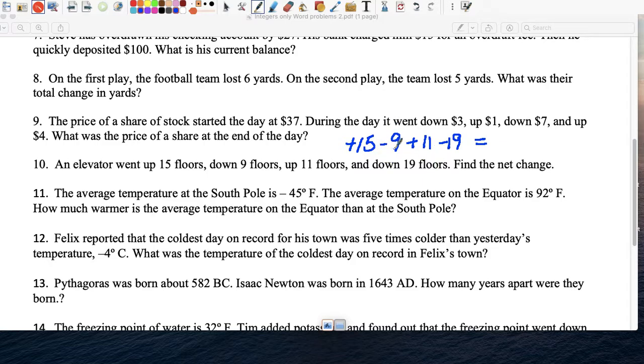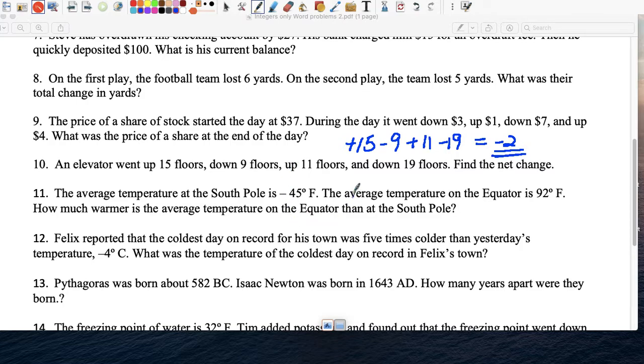So 15 minus 9 is 6. 6 plus 11 is 17. 17 minus 19 is negative 2. So you actually went down 2 floors. Wherever you began, you ended up being 2 floors down from where you began.